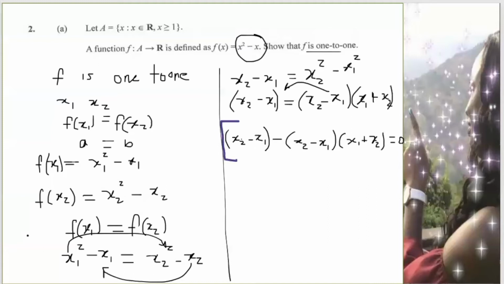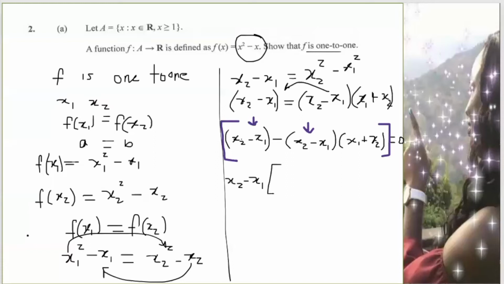Now, my next step is to have a bracket because I will be factoring out x2 minus x1 outside of this rectangular bracket. When I factor out x2 minus x1, what am I left with?